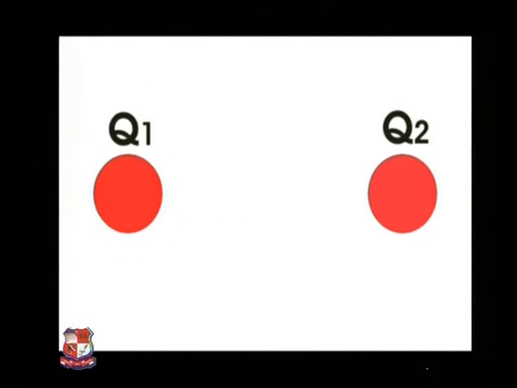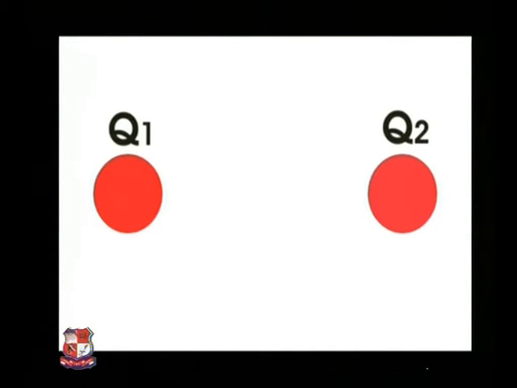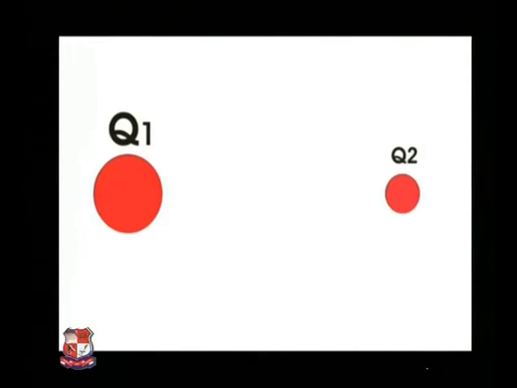If you decrease Q1 keeping Q2 unchanged, the force is decreased. Similarly, if you increase Q2 keeping Q1 unchanged, the force is again increased, and if you decrease Q2, the force is decreased.